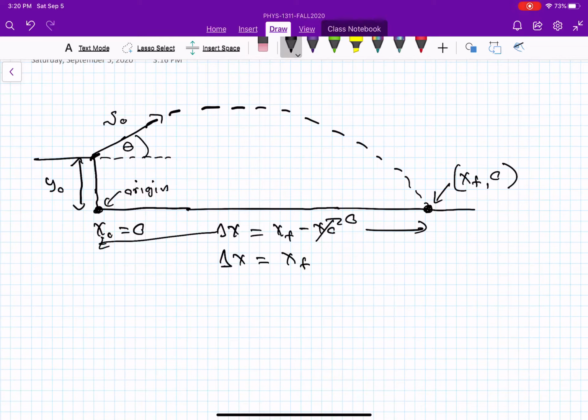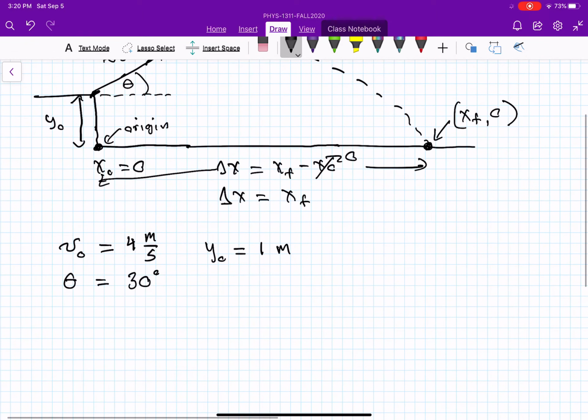I'm going to assume that the initial speed, v0, is 4 meters per second. And let's choose a simple angle. Let's say theta is equal to 30 degrees. And let's assume that the initial height, y0, is equal to 1 meter. Okay, and I'm going to try to do this problem using these relatively simple numbers.